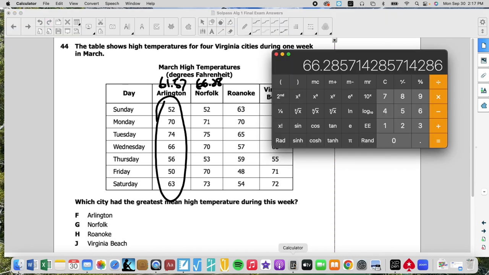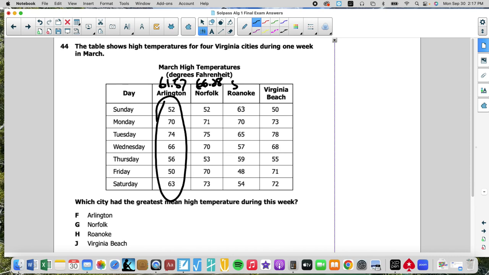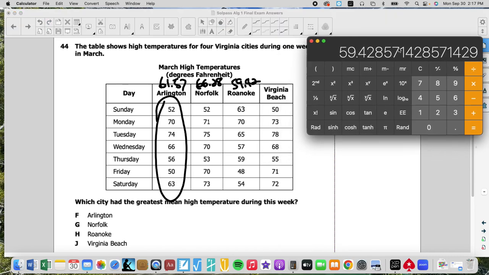Next, 63 plus 70 plus 65 plus 57 plus 59 plus 48 plus 54 equals, divided by 7, it's going to be smaller, 59.42.